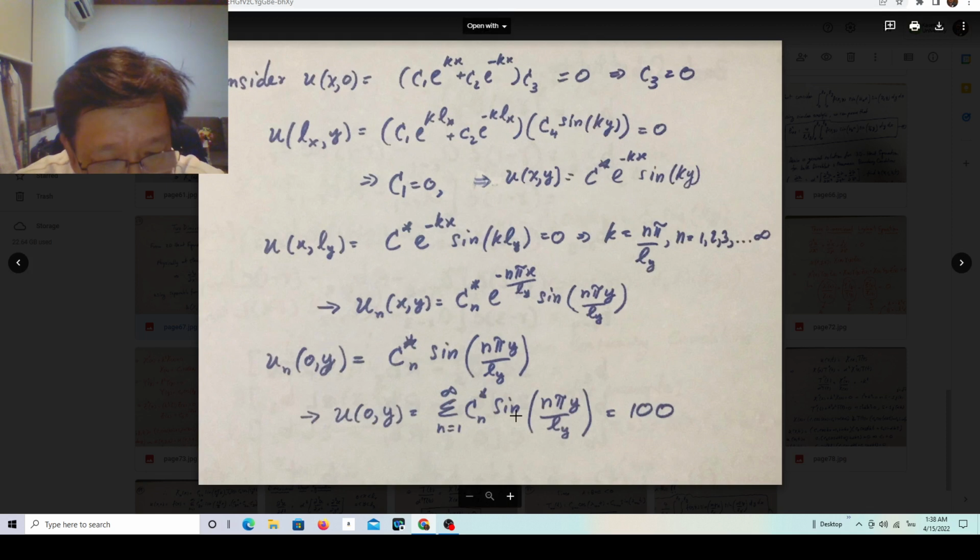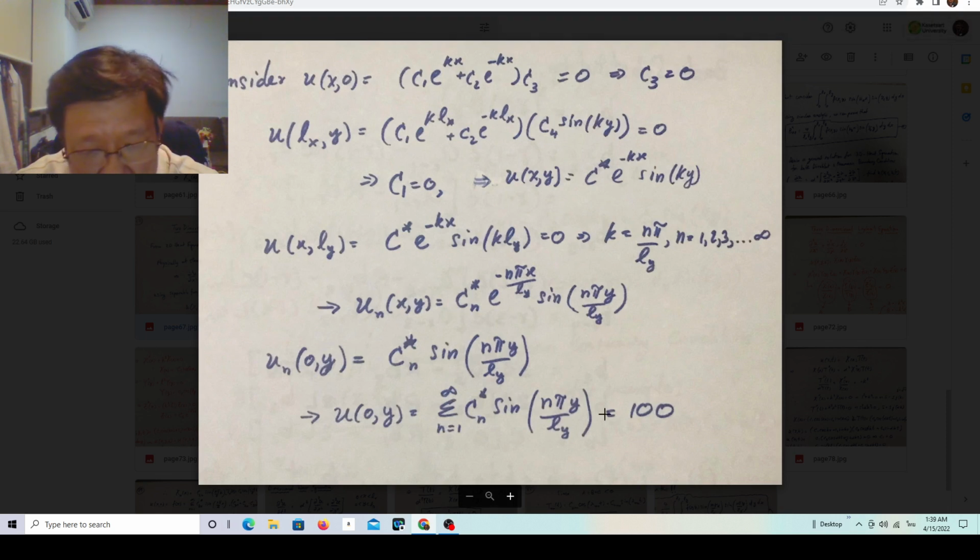Okay, so the key problem is: what is c star n going to look like for this boundary condition? You know that in general u of x,y has to be equal to the summation over all n of c star n here, but we have this boundary condition down here: the sum of c star n sine n times pi y divided by L_y equals 100.